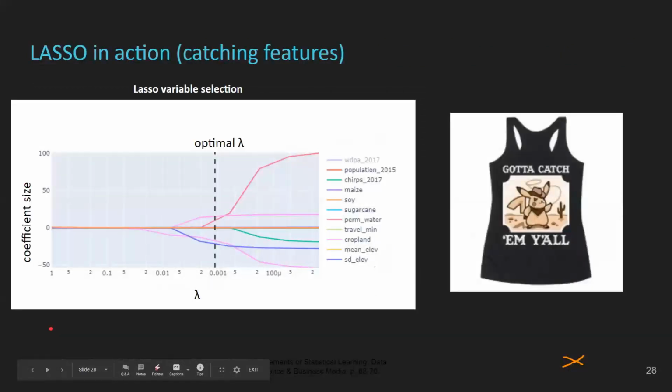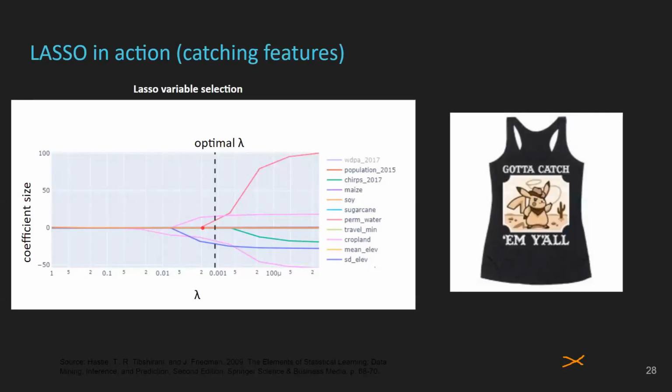So we can also look at this now from the coefficient point of view. So here we vary the lambdas over a wider range to cross-validation to get the optimal lambda at some point. But we also see here, as we decrease the penalty, how the features enter the model that are relevant for our deforestation prediction. So we see this one here entering first at fairly high levels of lambda, and that is the variable cropland. Okay.